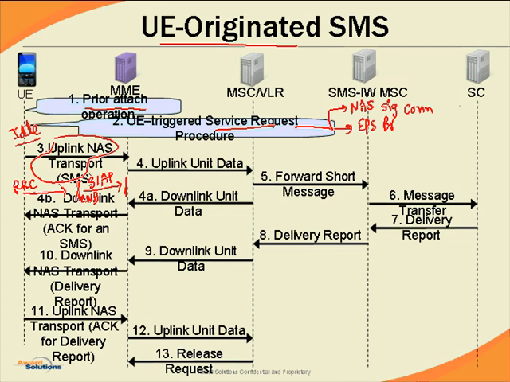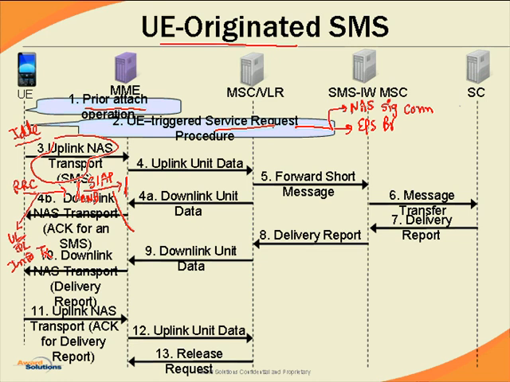So here it will be uplink, downlink, information transfer, and here it will be NAS transport. Uplink, downlink, NAS transport. Okay. So it would be an S1AP message over the S1-MME interface.